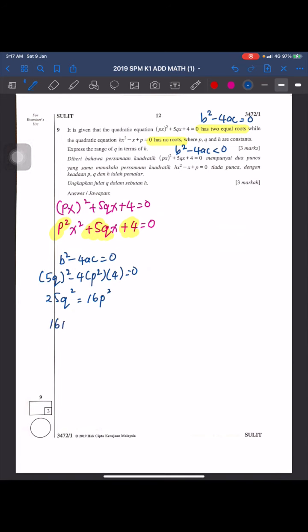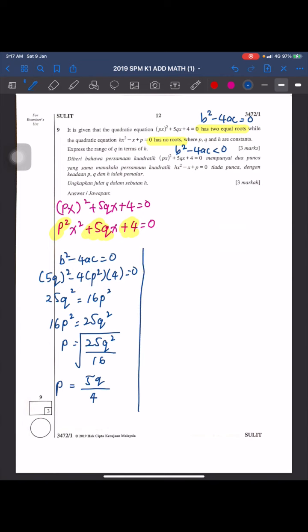So, 16p square equals 25q square. So p square is equals to 25q square over 16. Lepas tu kita ada square root. Simplify, square root of 25 is 5, q square root is q, 16 is 4. Okay, so this is the value of p.